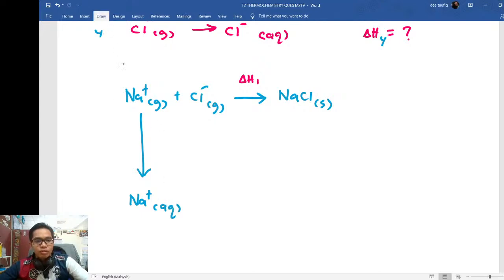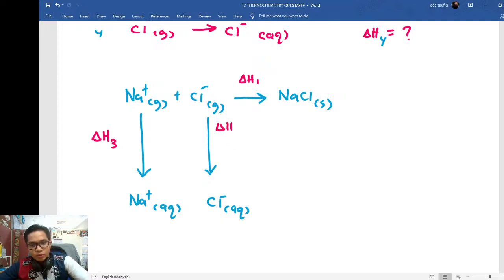If you refer to the equation above, this is delta H3. And then Cl minus gas will produce Cl minus aqueous. And this is delta H4. So yang ni yang kita nak cari. And delta H2 belum masuk lagi.